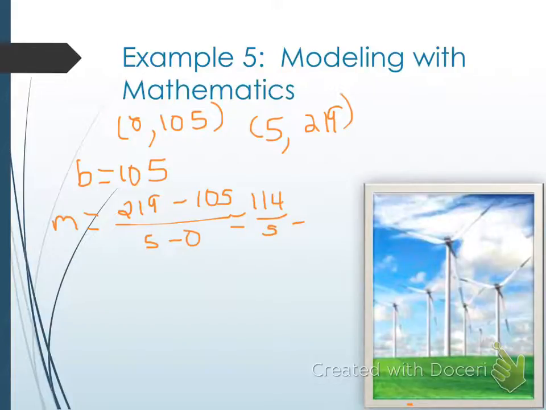Or in this case, we're just going to go ahead and put it as a decimal and make it 22.8. So to write that equation, we're going to have y equals my slope, 22.8x, plus my 105.